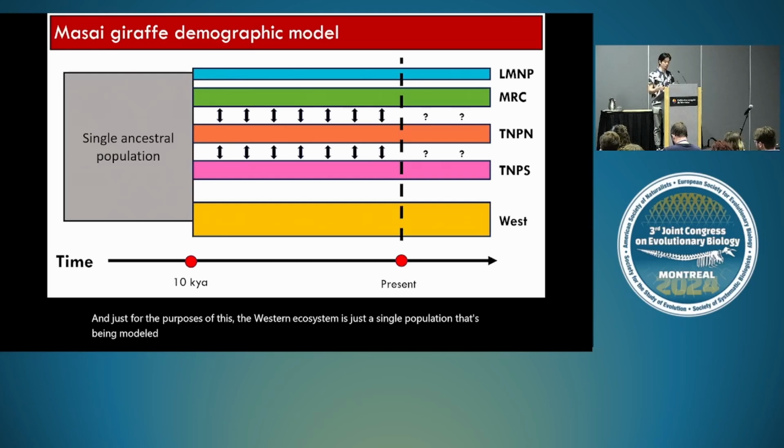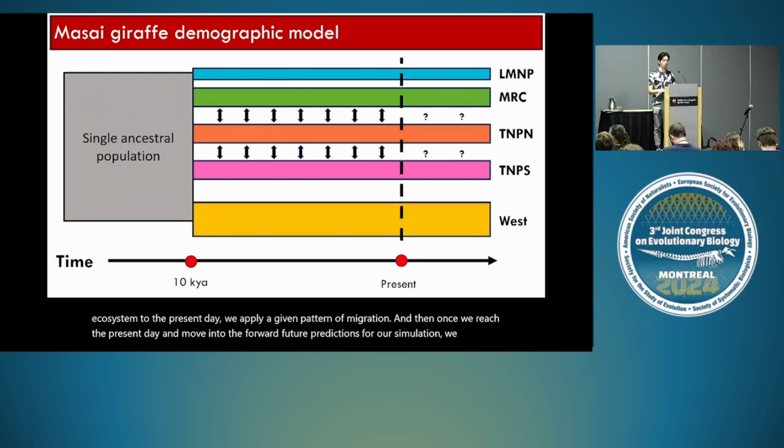Then from the time of divergence between the eastern and western ecosystem to the present day, we apply a given pattern of migration. And once we reach the present day and move into the forward future predictions for our simulation, we can impose whatever demographic scenario we're interested in studying. Perhaps that might mean decreasing the migration rate or eliminating it altogether, which is represented by those question marks in between those populations that were previously connected.